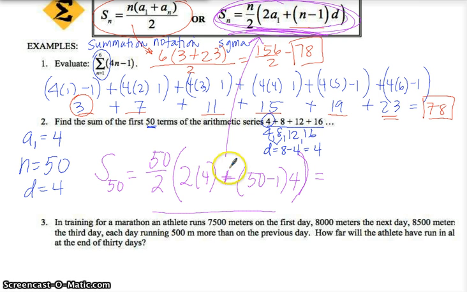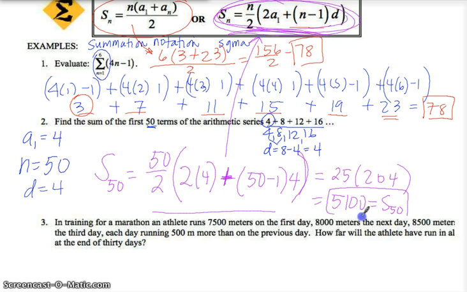So now I just have to simplify what's inside this parentheses and then multiply it by 25. So I see it's 8 plus 49 times 4. So inside the parentheses, I get 204, and then I multiply that by 25. So to me, it looks like the sum of the first 50 terms is 5,100.